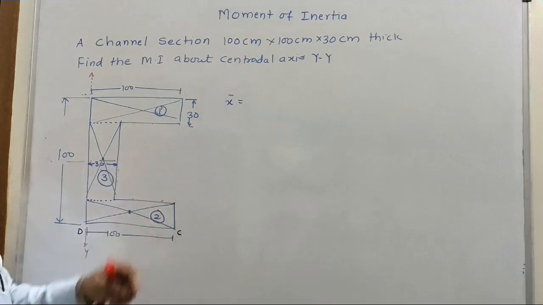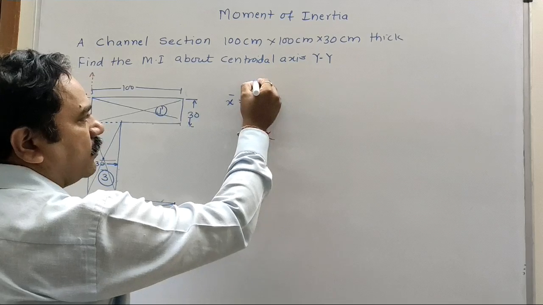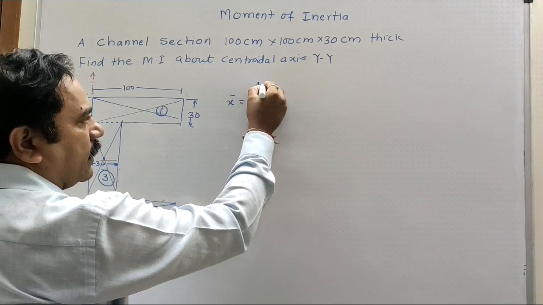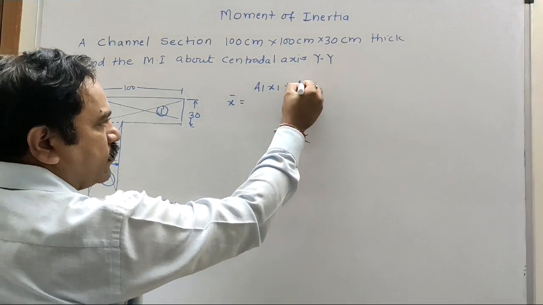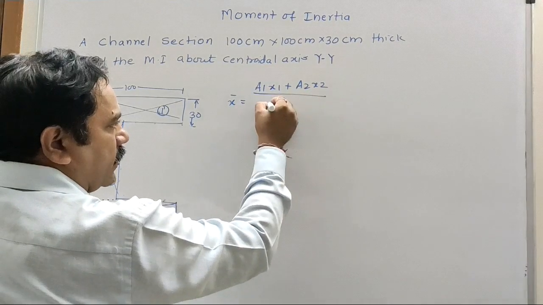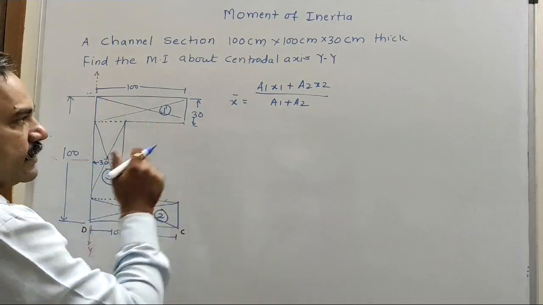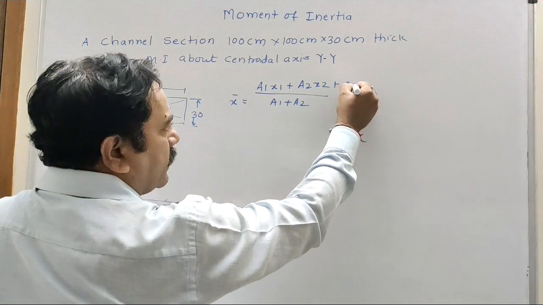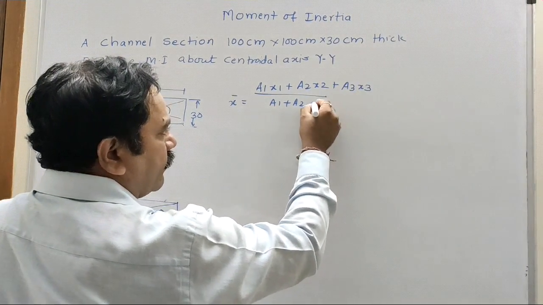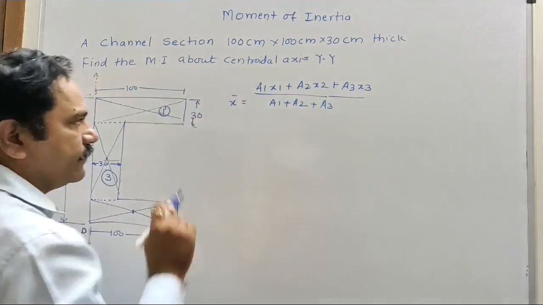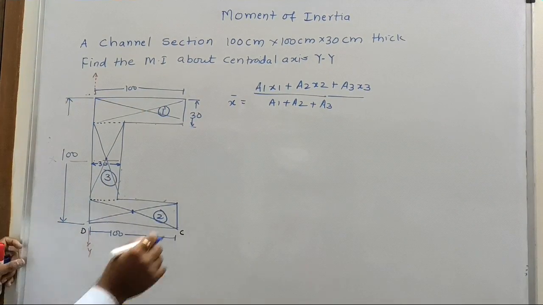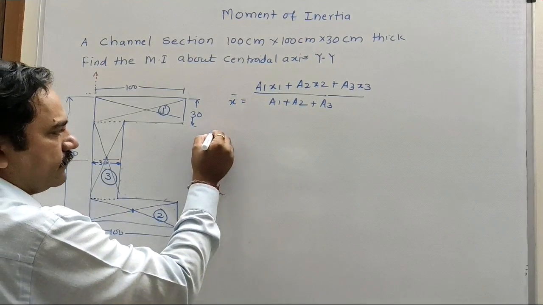For calculating x bar we will use the formula a1x1 plus a2x2 upon a1 plus a2. Now here there are three parts, so we will add a3x3 and a3. Now one by one we will calculate.